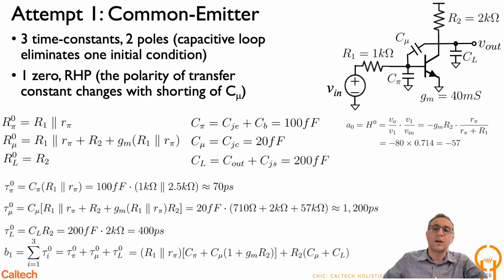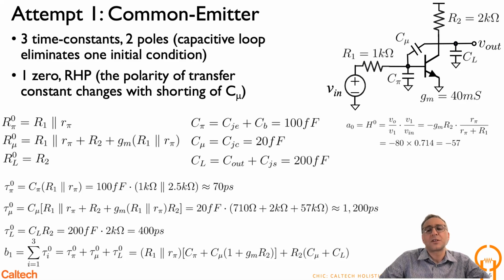Now, furthermore, can we determine how many zeros we have? You remember that we have to look at the transfer constants to do that. So the question is, how many elements can we simultaneously infinite value and get a non-zero transfer constant? In this case, all 3 of them are capacitors, so infinite valuing them corresponds to short circuiting them.